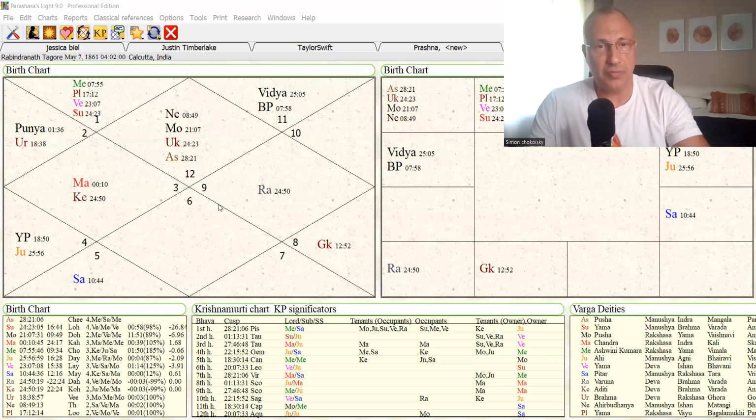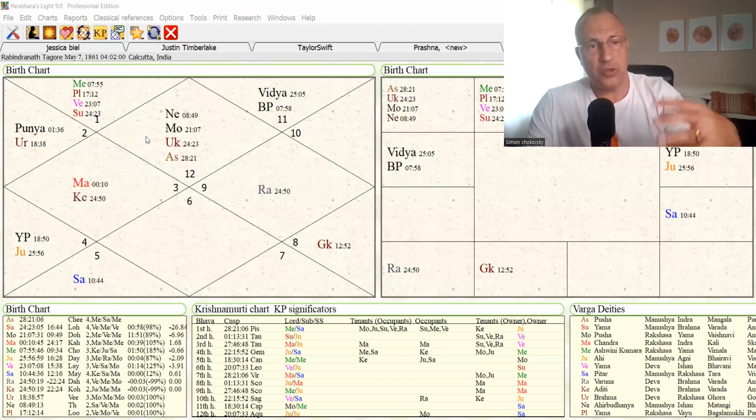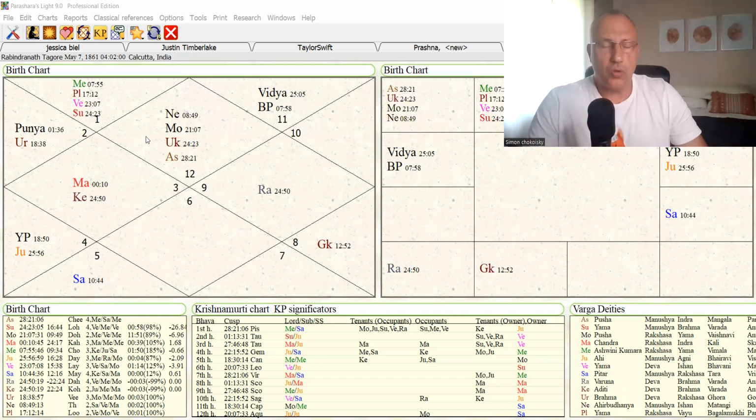And Venus and Mercury themselves create powerful yogas for performance and art, and so forth. So when we look at this chart as a whole, we see that it is conditioned for greatness. It is conditioned for an experience of big things in life.